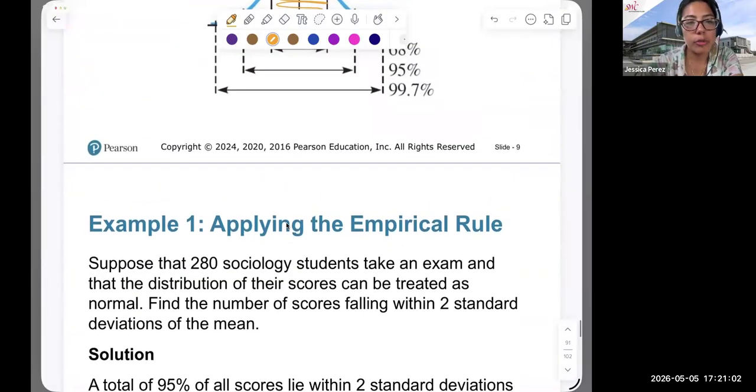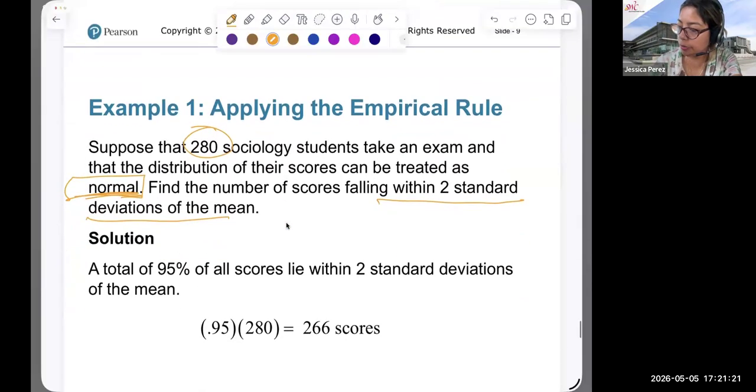So let's look at this example. Suppose that 280 sociology students take an exam and the distribution of scores is treated as normal. So they're already telling us we have a normal distribution. Find the number of scores falling within 2 standard deviations of the mean. Remember that if we're 2 standard deviations away, that represents 95% of all data.